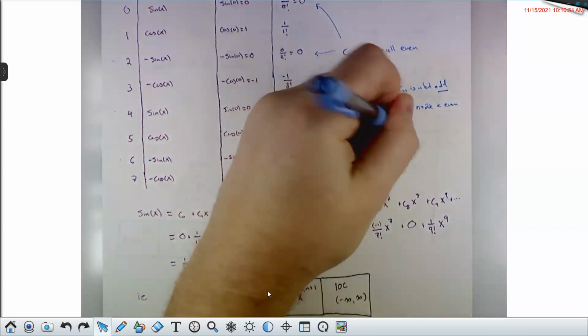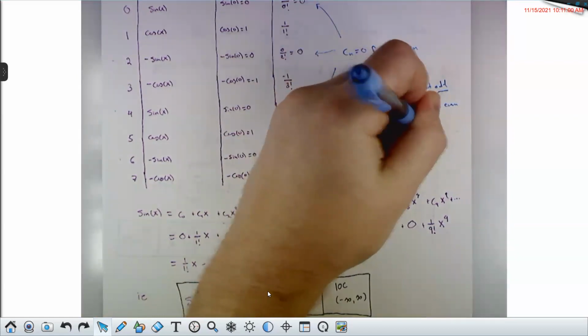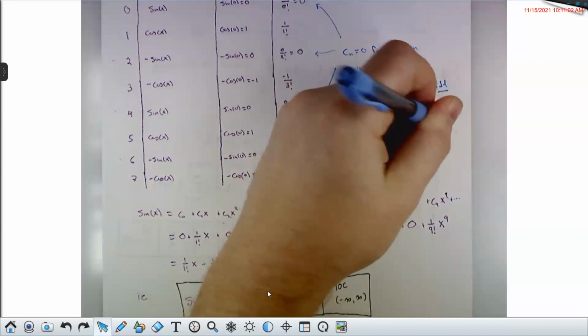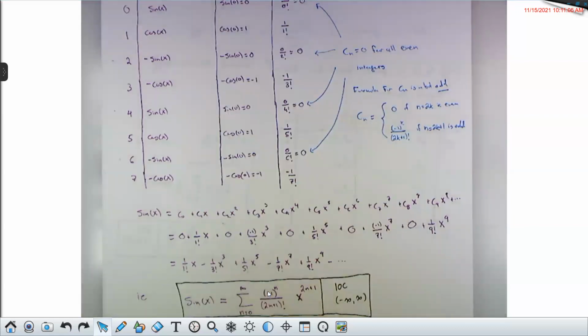And it's -1 to the k over 2k plus 1 factorial if n equals 2k plus 1 is odd. Now, I wouldn't expect you to come up with this, but I would expect you to be able to write out the first few terms of the series from this table, and I would expect you to be able to go from here to here.